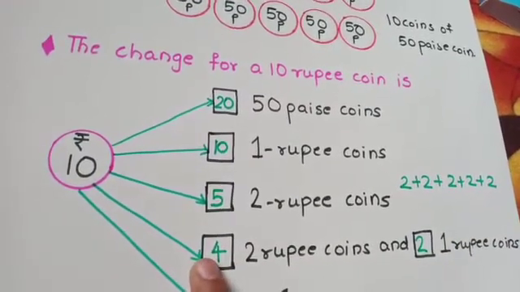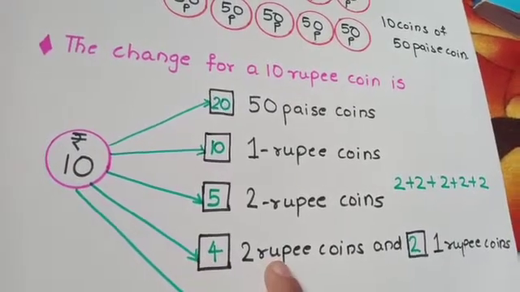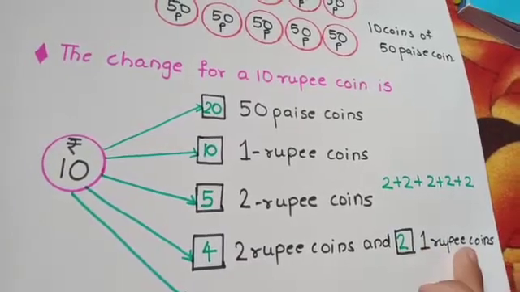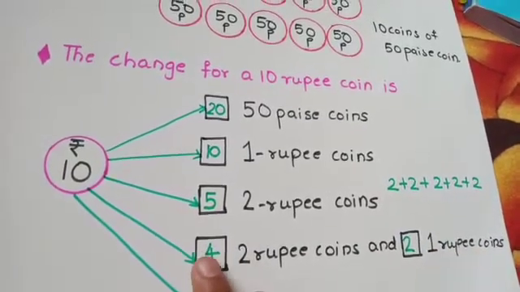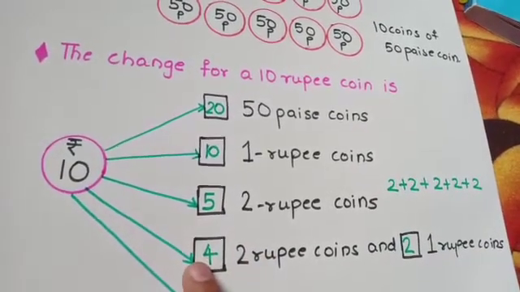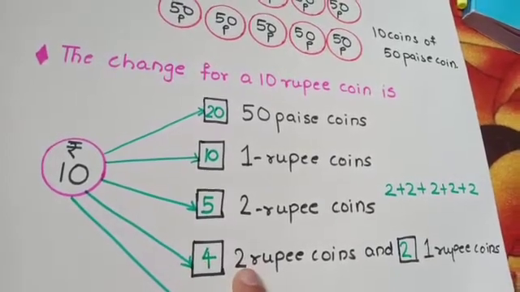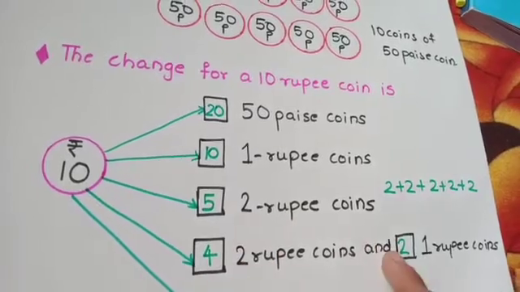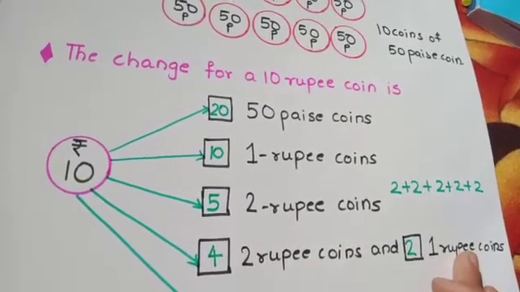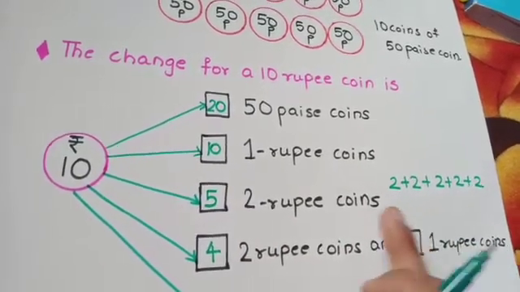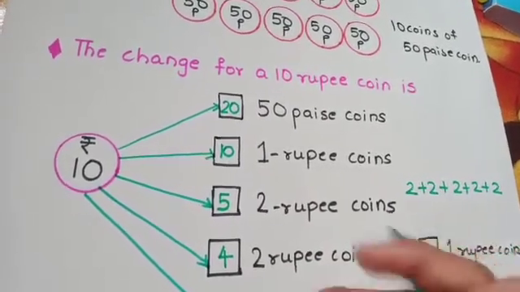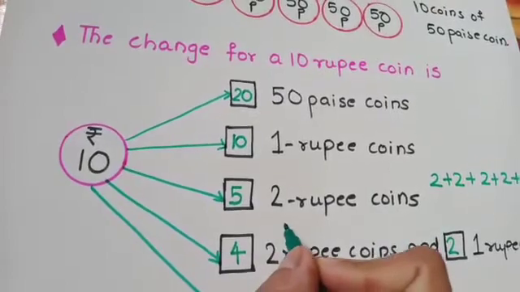Here we can give 4 coins of 2 rupees and 2 coins of 1 rupee. Or else what can we do here? We can take 3 coins of 2 rupees. It will become 6 rupees. And 4 coins of 1 rupee, that will become 4. 6 plus 4 is equal to 10.